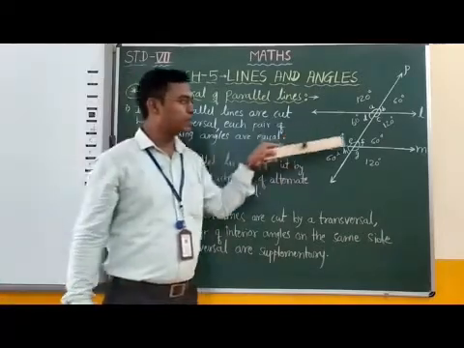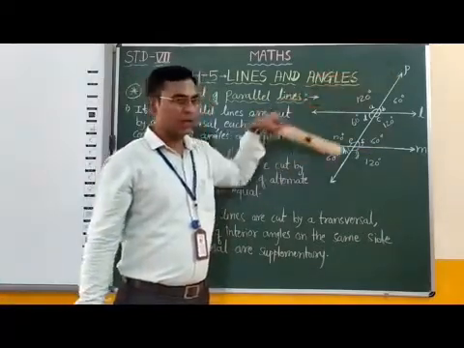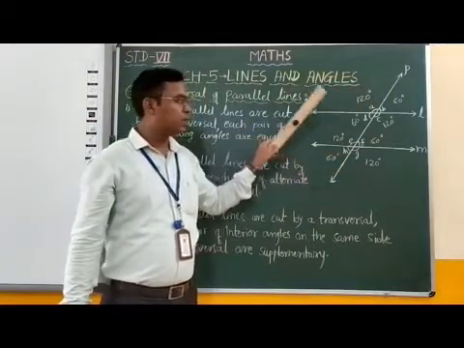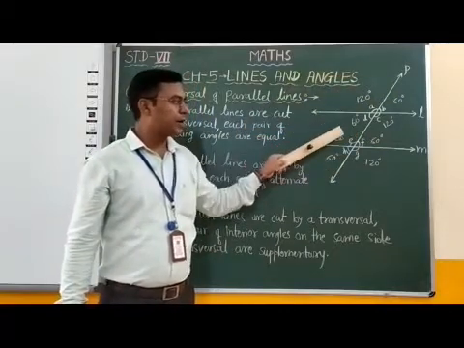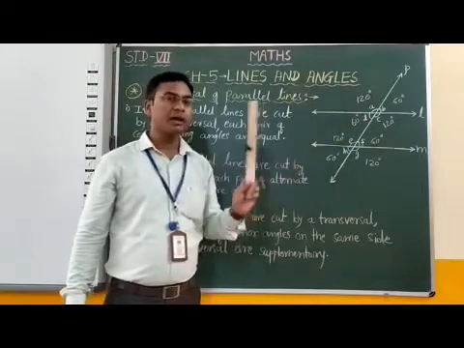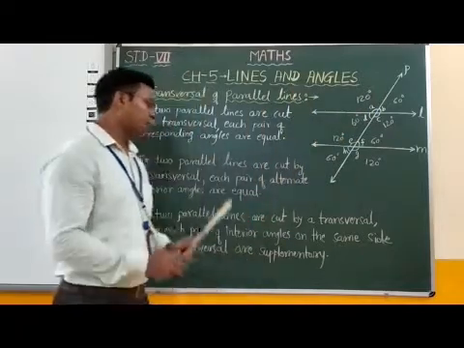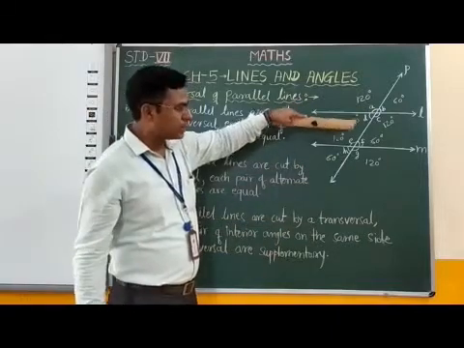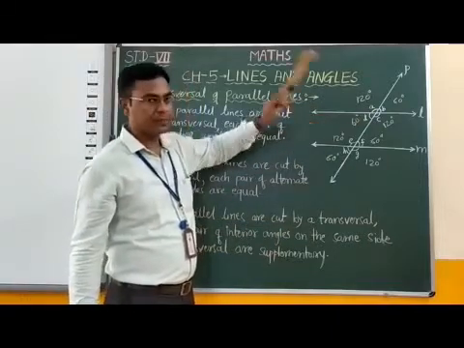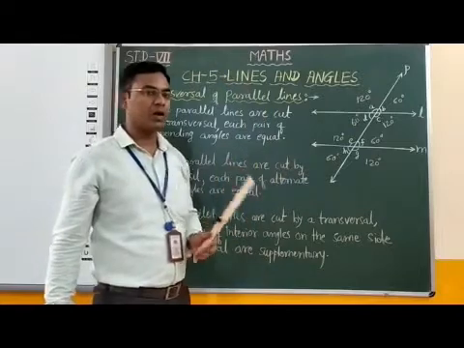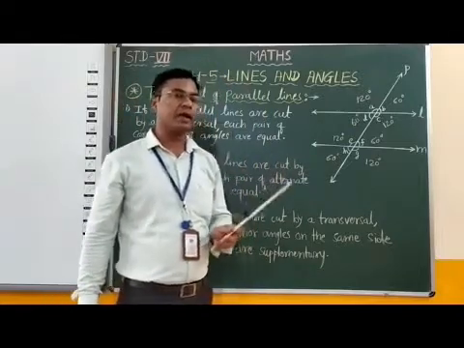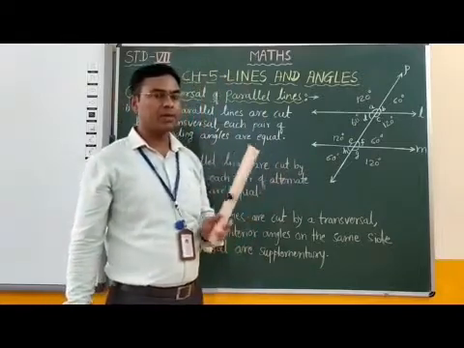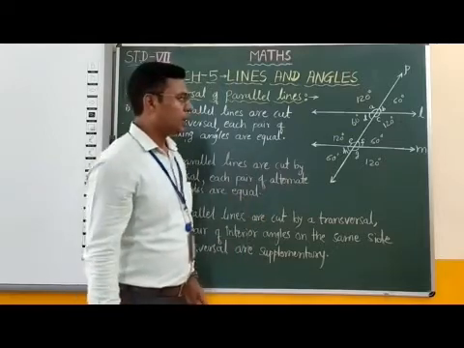Here, if two lines are parallel and these two lines are cut by one transversal, then the alternate interior angles are equal. Now, if you observe these two angles, angle D and angle E, these two angles are called interior angles on the same side of the transversal.